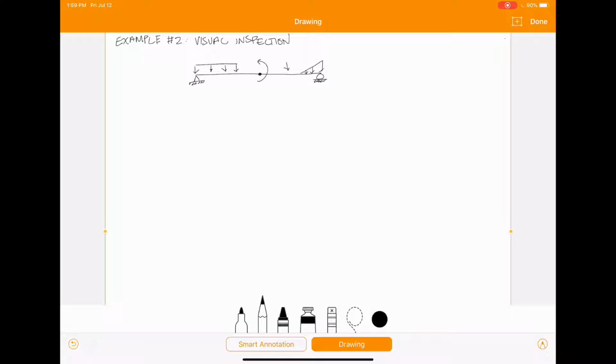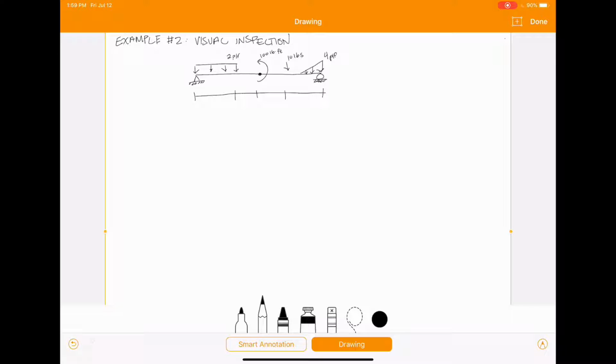This is not drawn to scale, but that's okay, as long as we label everything, right? And add our dimensions.